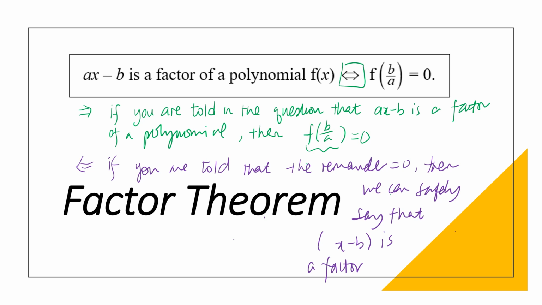Remember what we learned earlier: if something is a factor of something, then the remainder is 0. It's just that simple. If you're told the remainder is 0, the divisor is a factor. And if you're told a divisor is a factor, you can conclude the remainder will be 0. So that's the factor theorem. Simple.